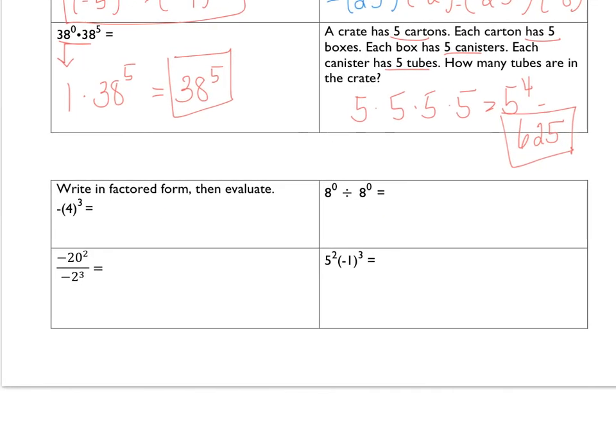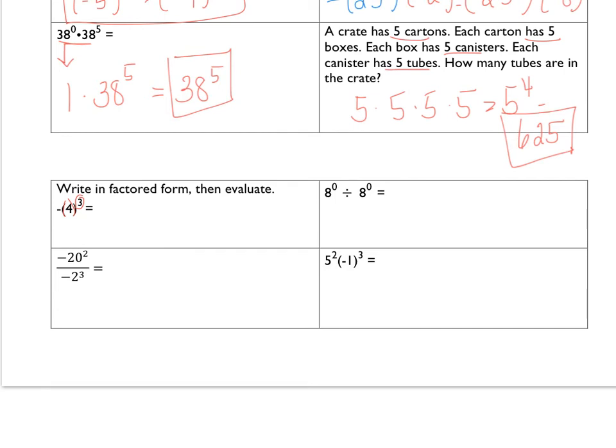Okay, let's see right here. Write in factored form, then evaluate. So if we remember, our 3 is connected to what's inside of the parentheses. So it's only connected to the 4, it's not connected to the negative.